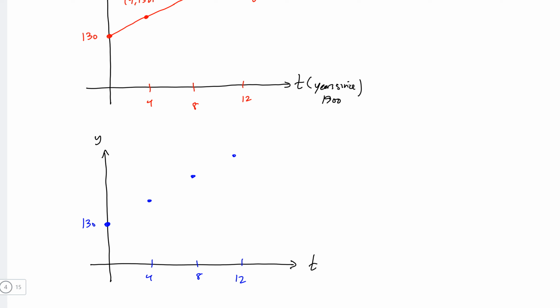And so this point is 4, 138. This one is 8, 146. And this one is 12, 154. So those are our actual data points. So let's fill those in with dots.